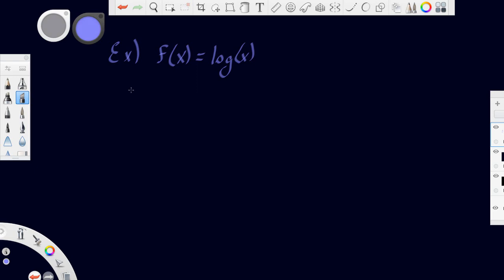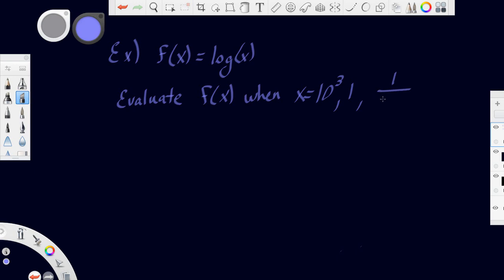And we want to evaluate f of x when x equals 10 to the third, 1, and 1 over 10.